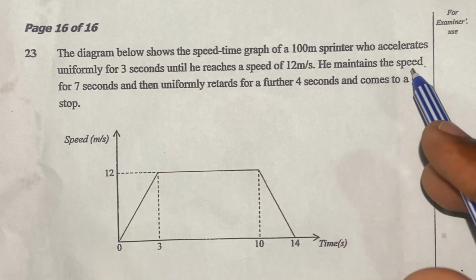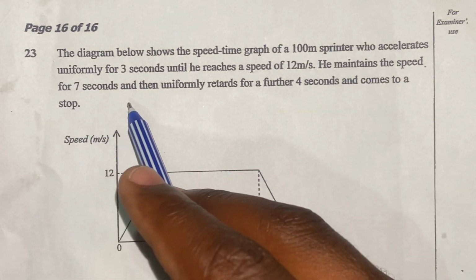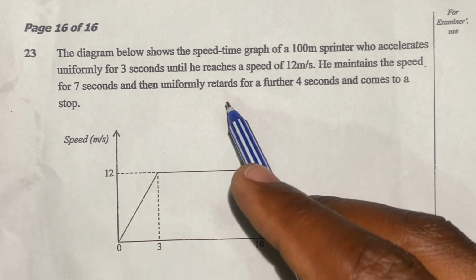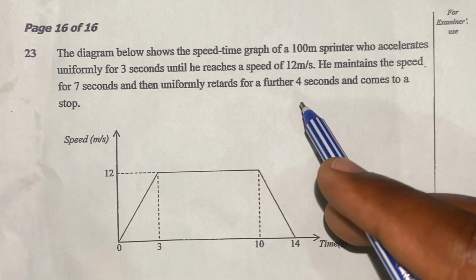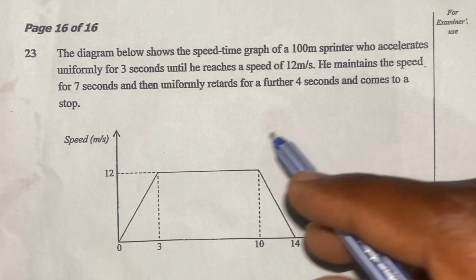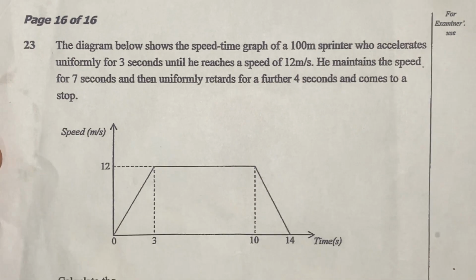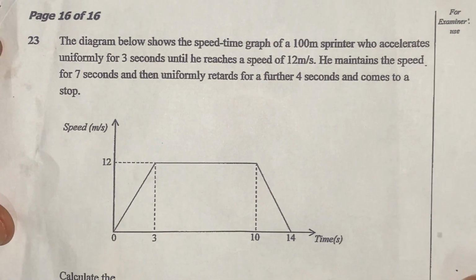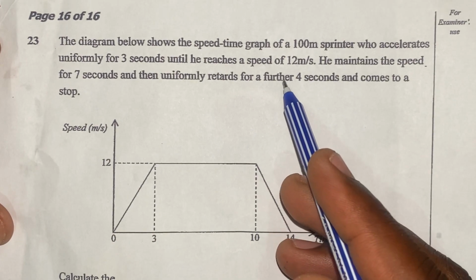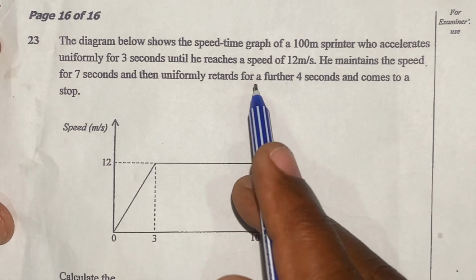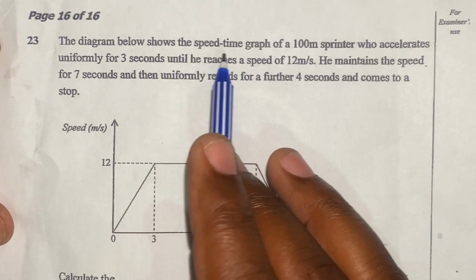He maintains the speed for 7 seconds and then uniformly retards for a further 4 seconds and comes to a stop. So whatever has been described in this diagram is what is briefly written in this statement.